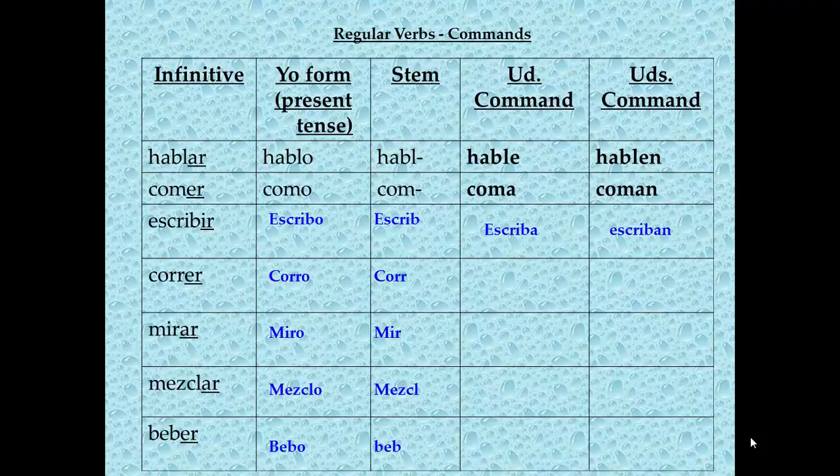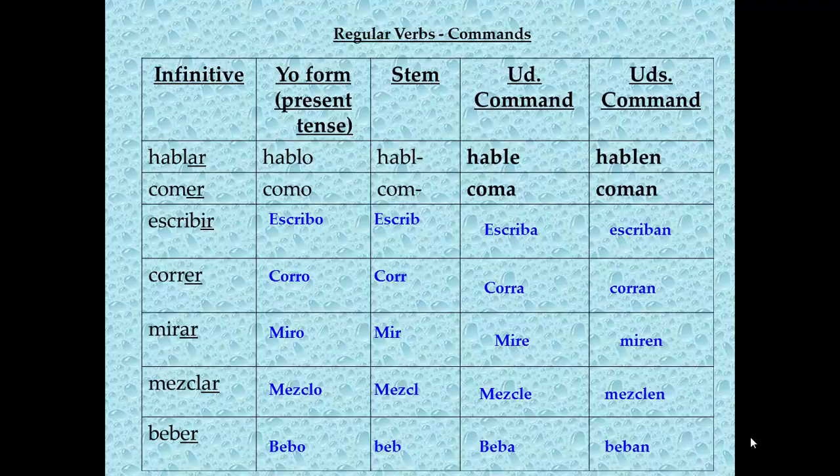So for escribir, it would be escriba or escriban, like we just saw. For correr, it would be corra or corran. Okay, for mirar, it would be mire or miren, watch. For mezclar, which we know means to mix, it would be mezcle or mezclen. Beber, beba or beban, drink.